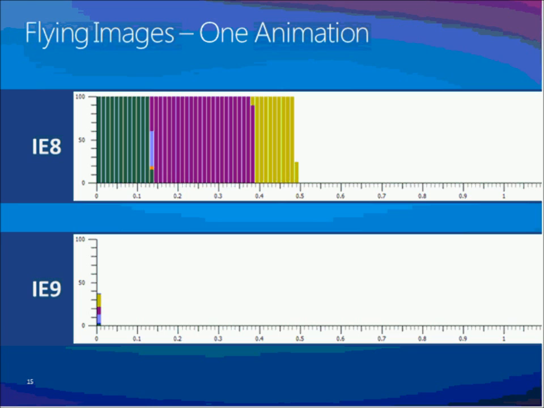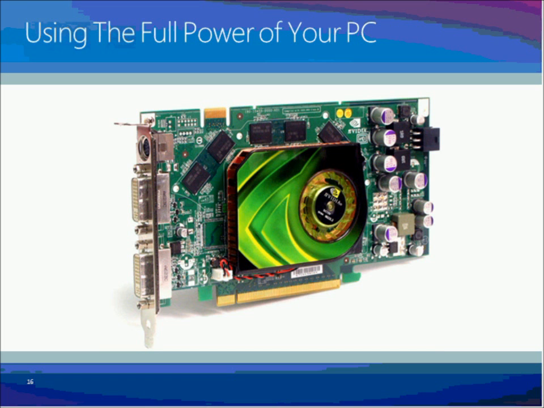So how does it do that? Well, Internet Explorer 9 uses the full power of your PC. When a lot of people think about the full power of their PC, one of the things we talk about is the JavaScript engine. Is the GPU. When people think of the GPU, they often think of gamers' GPUs and hardcore, intense GPUs. But that's not true.